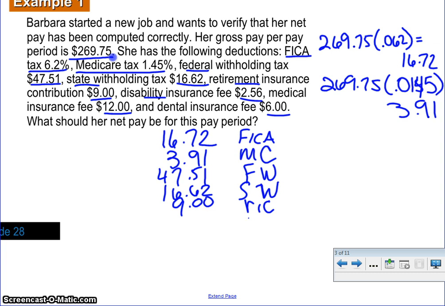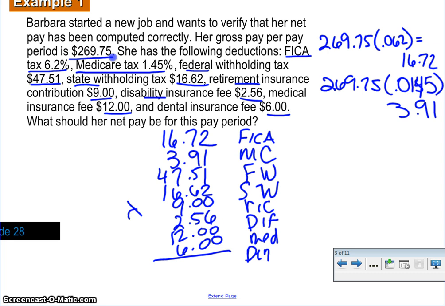We have disability insurance fee of $2.56. We have medical at $12, and we have dental at $6. So when we add all of these together, we get a total of $114.32.